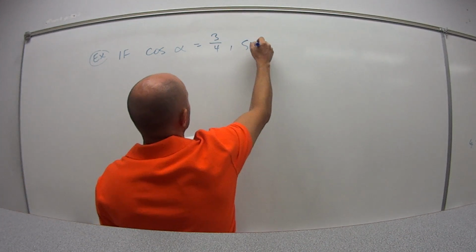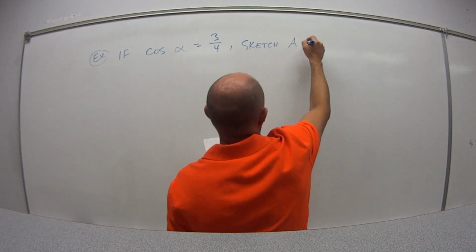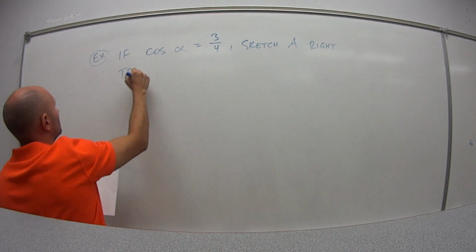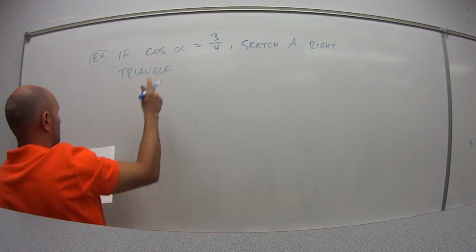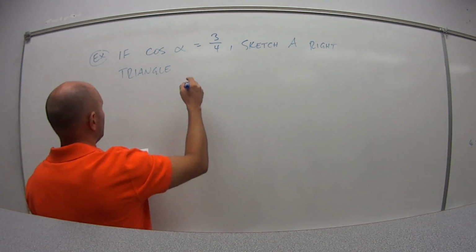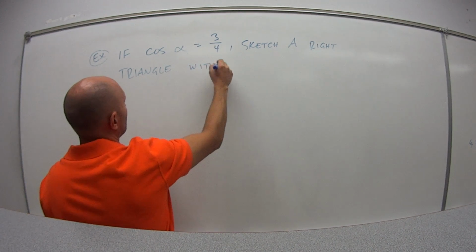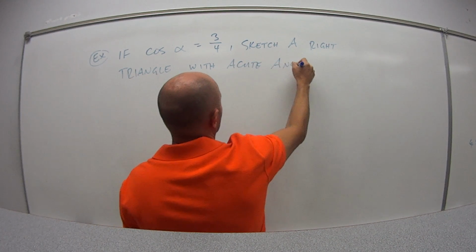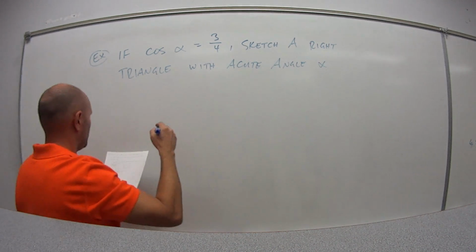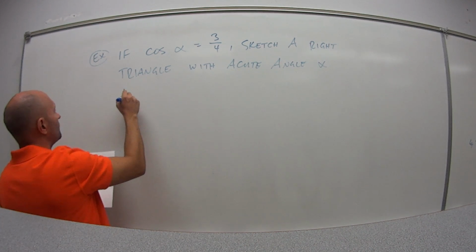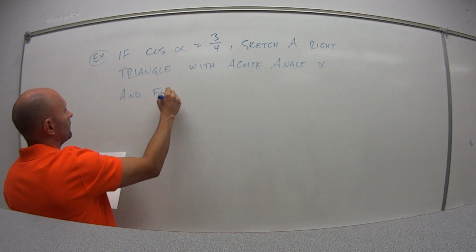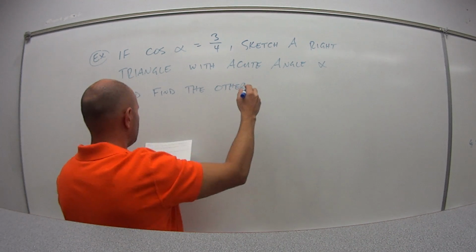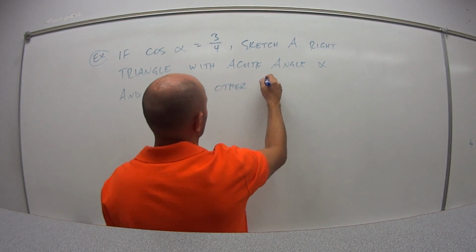then we want to sketch a right triangle with acute angle alpha and find the other five trig ratios of alpha.